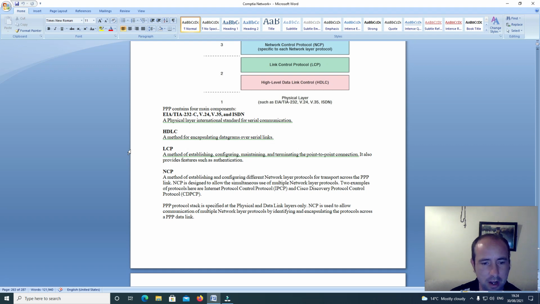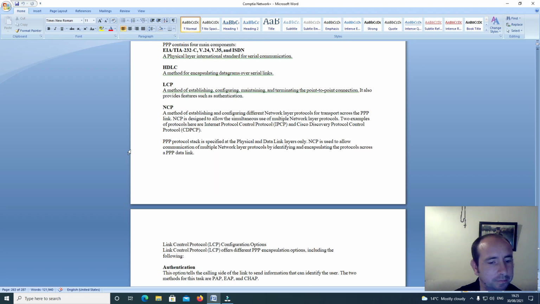NCP: a method of establishing and configuring different network layer protocols for transport across the PPP link. NCP is designed to allow the simultaneous use of multiple network layer protocols. Two examples of protocols here are Internet Protocol Control Protocol, IPCP, and Cisco Discovery Protocol Control Protocol, CDPCP.